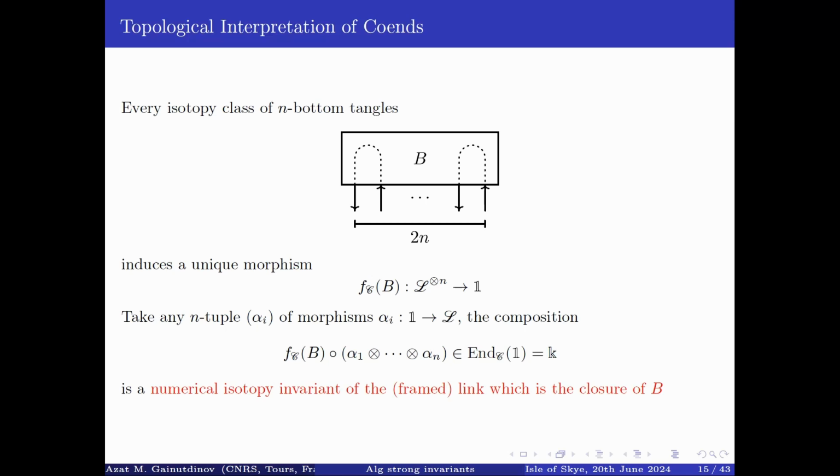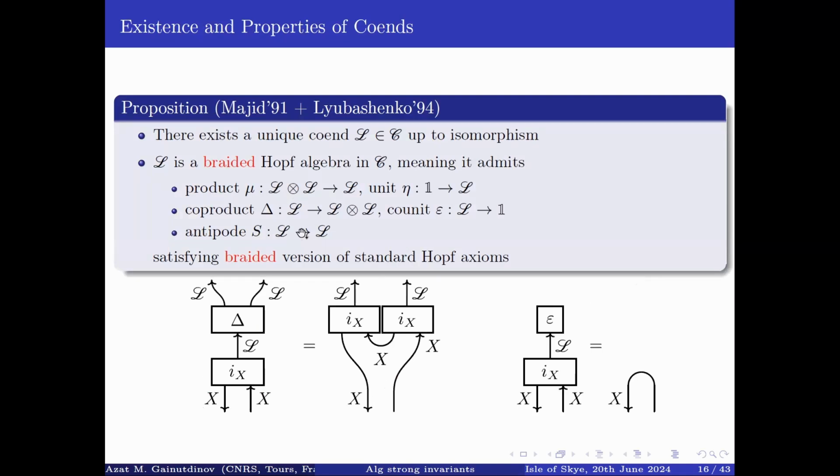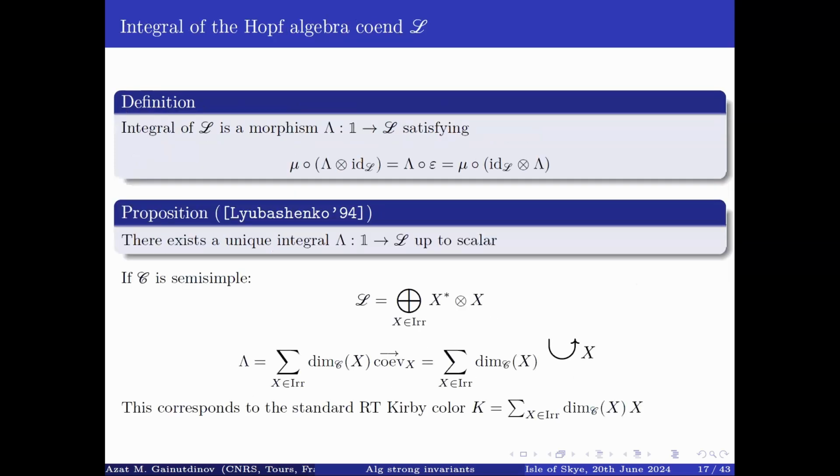So it's actually a Hopf algebra in the category. I don't want to go into details of that, but it's a very canonically defined Hopf algebra structure using universality of the coend, using the structural morphisms of your category. So it has a product, multiplication, coproduct, antipode, and so on.